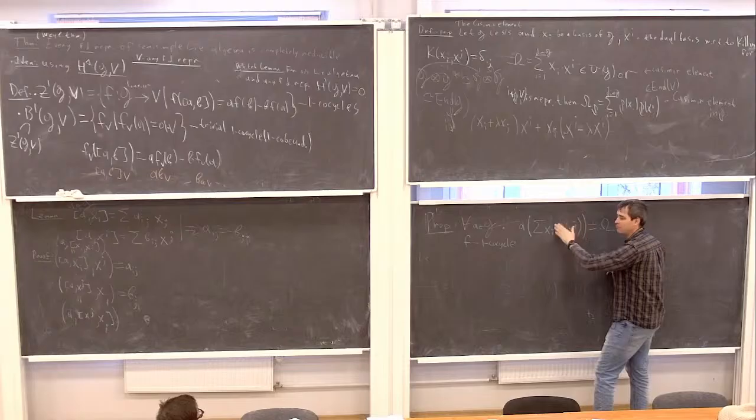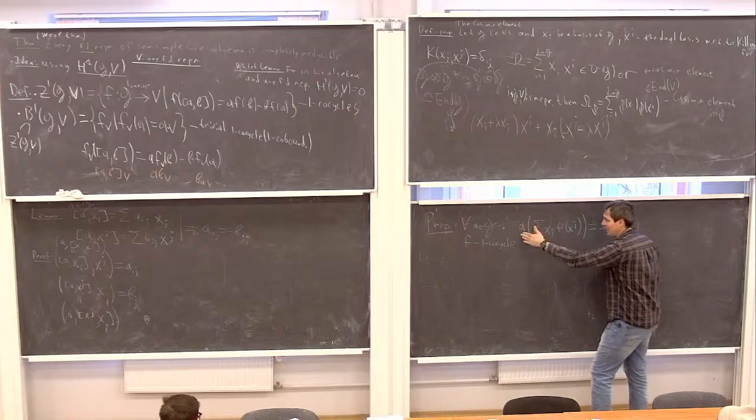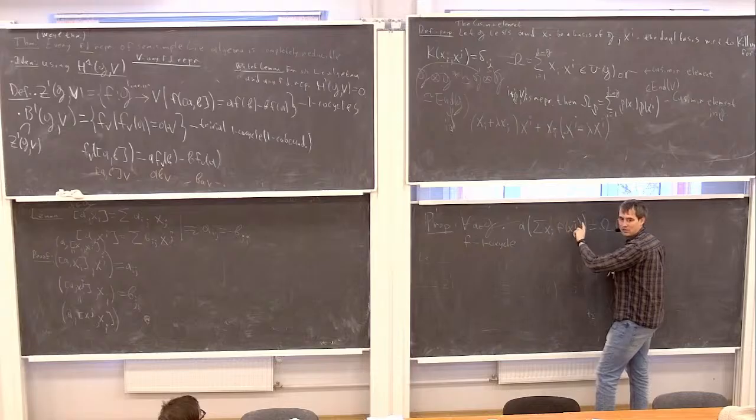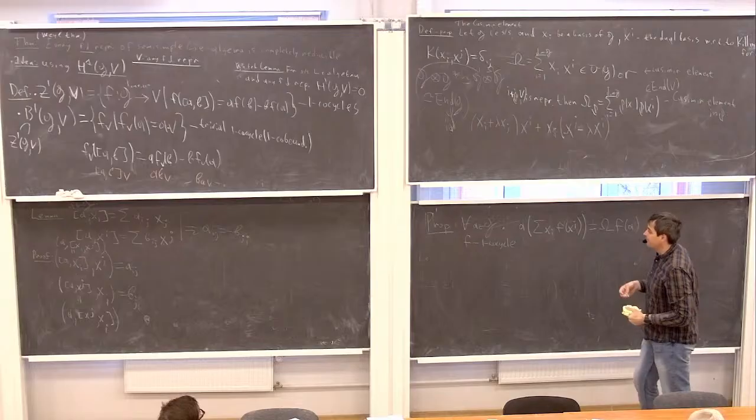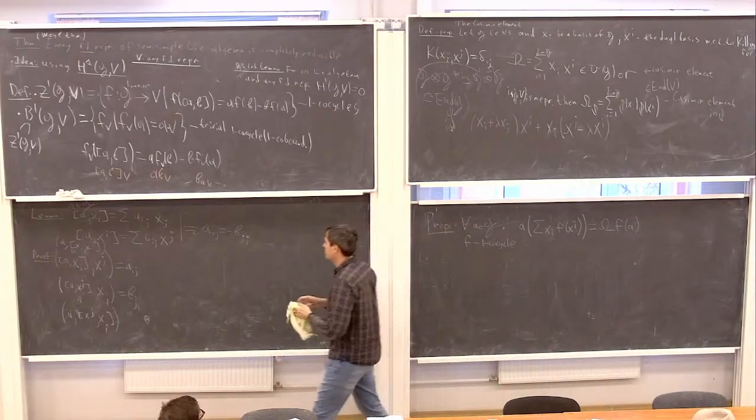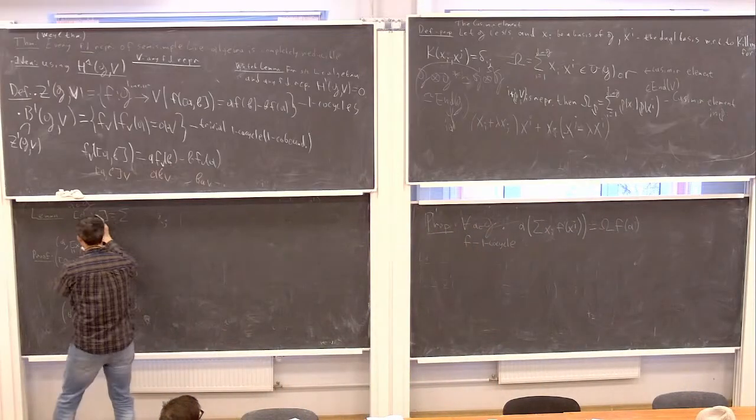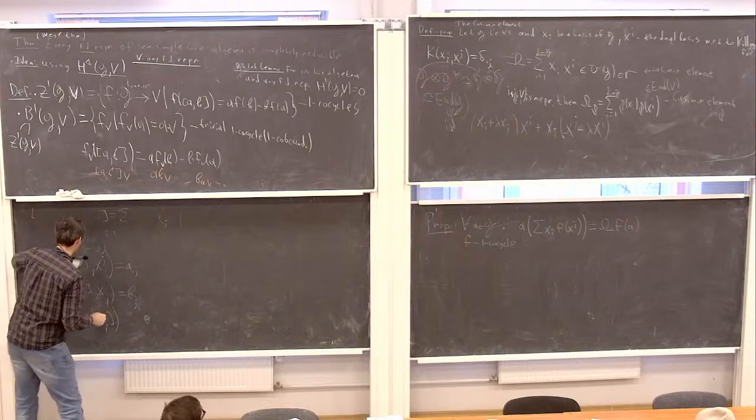Now it's an element of your representation. Then you act by some element of the algebra, again an element of the representation. Consider this sum and act by the element A. So it's like omega where I apply f to the second factor of omega. So this is a big computation. Let me first skip it and continue.